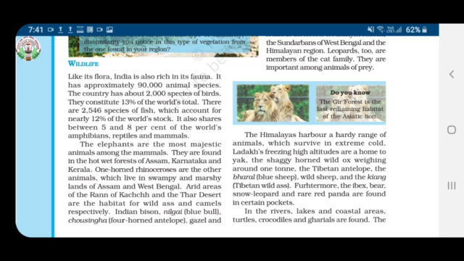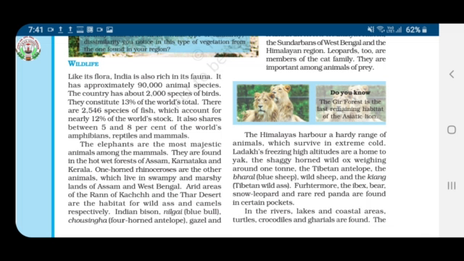Dry areas of the Rann of Kutch and Thar Desert are habitat for wild ass and camels respectively. There are so many other animals found in India like Indian bison, nilgai, that is called blue bull, chausingha, four-horned antelope, gazelle and monkeys.